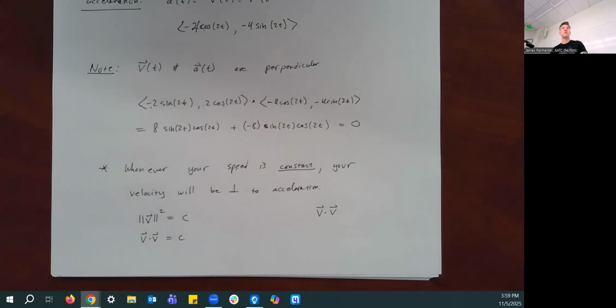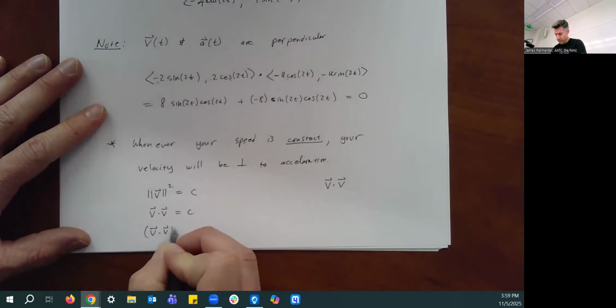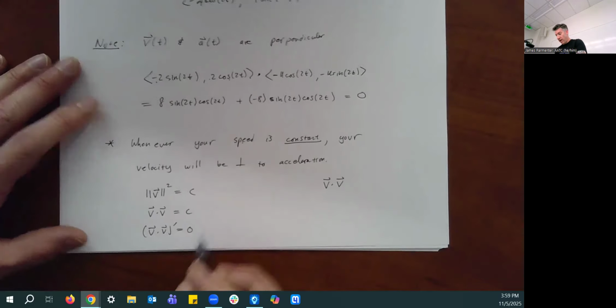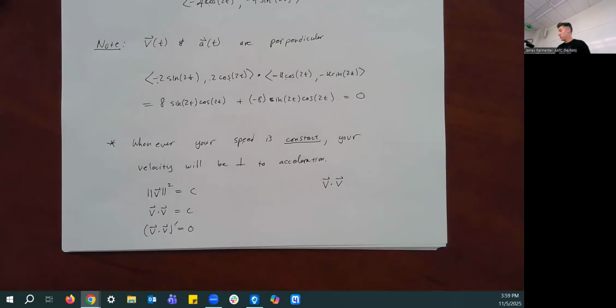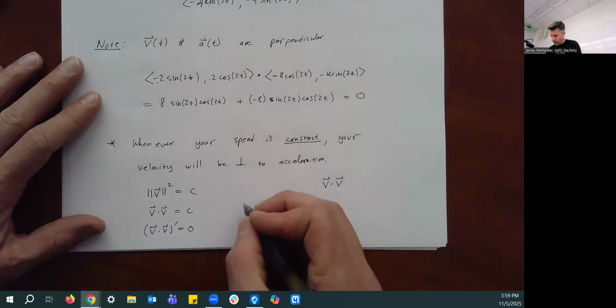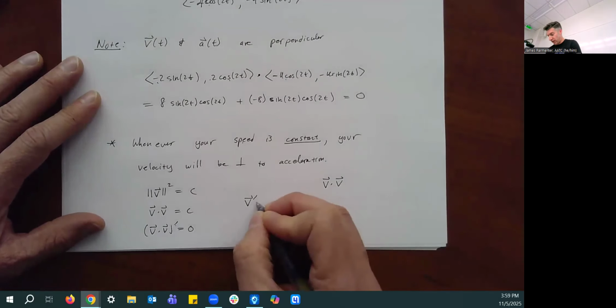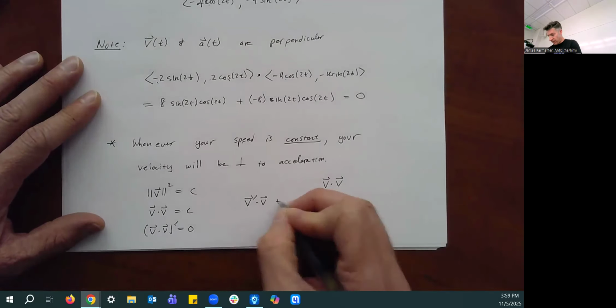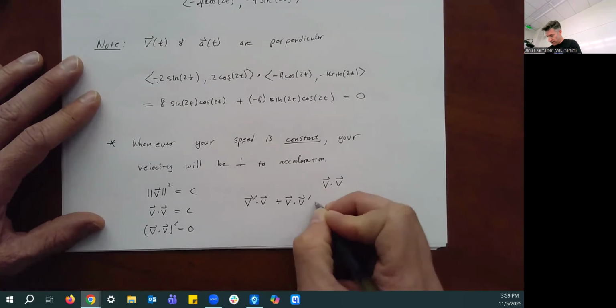And then what you do is you take the derivative of both sides. If you differentiate both sides, the derivative of a constant is 0, and the derivative of a dot product still follows the product rule, which is that you're going to have the derivative of v dotted with regular v plus regular v dotted with the derivative of v equal to 0.